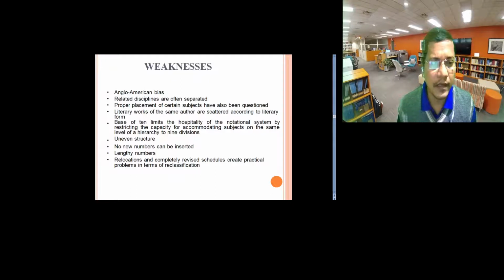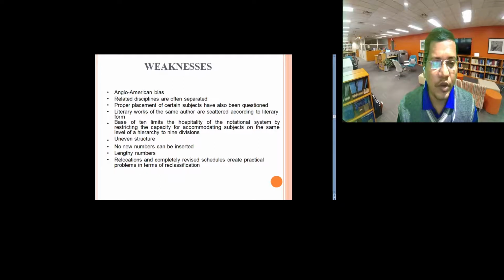Literary works of the same author are scattered according to literary form, because form division is considered. Base of 10 limits the hospitality of the notational system by restricting the capacity of accommodating subjects on the same level of hierarchy to 9 divisions, and it is an uneven structure.